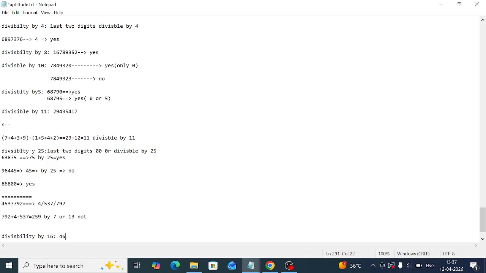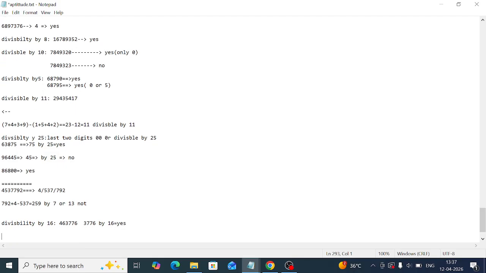For example, for 6463776, last 4 digits, 3776. Check whether it is divisible by 16. 16 times 2 is 32, 16 times 3 is 48, so 16 times 6 is 96. So yes, it is divisible.